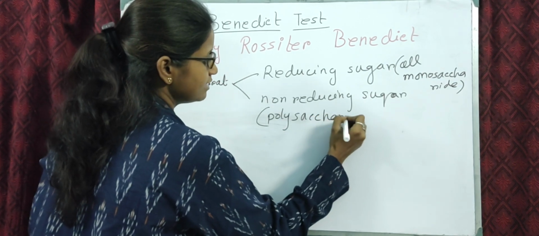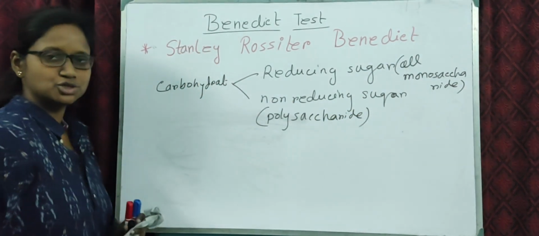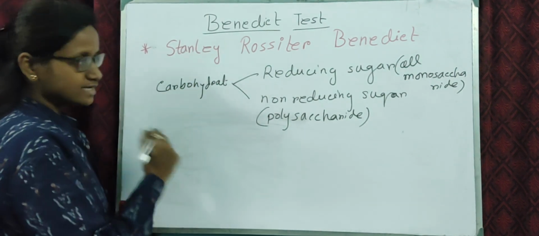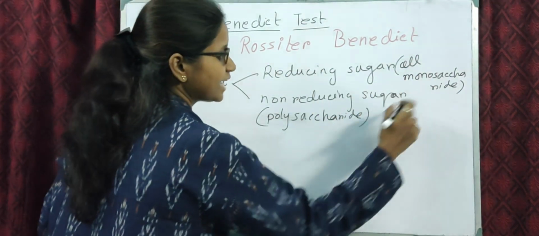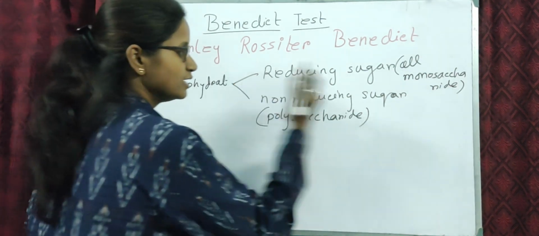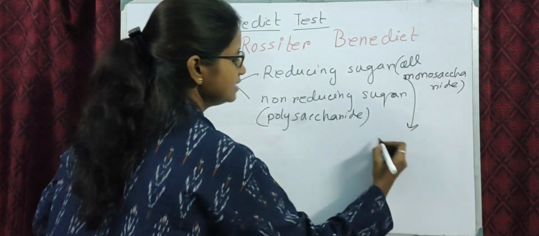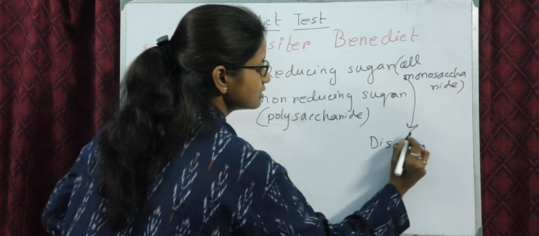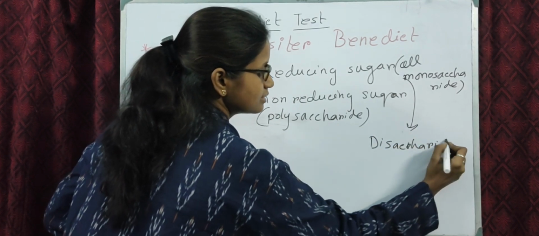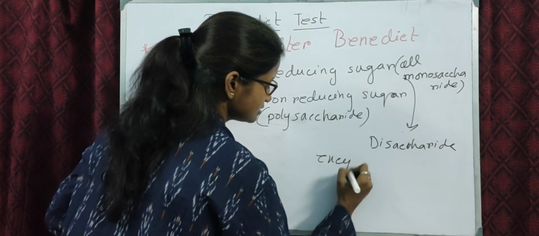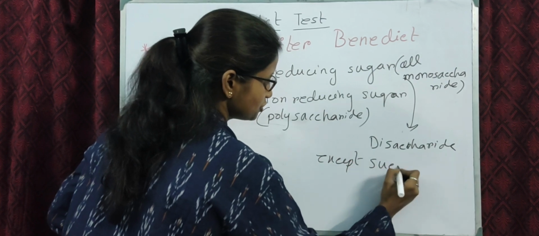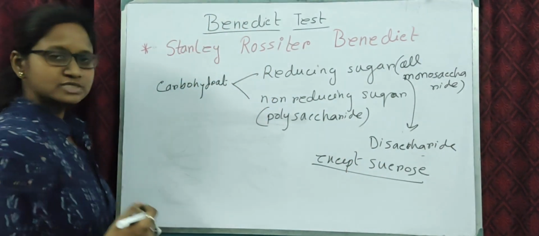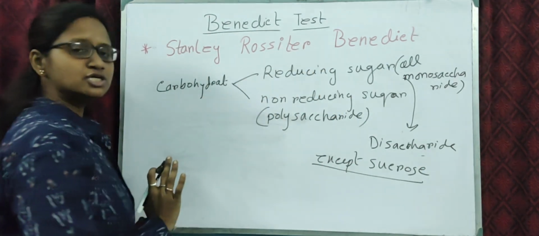All polysaccharides are non-reducing sugars. Among the disaccharides, except sucrose, such as maltose and lactose, all are reducing sugars.